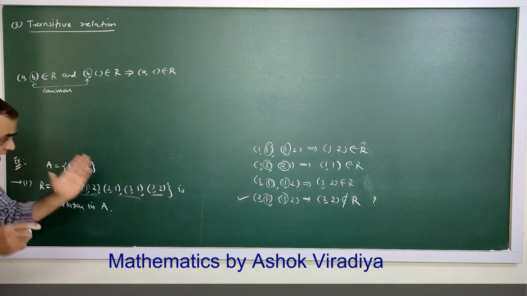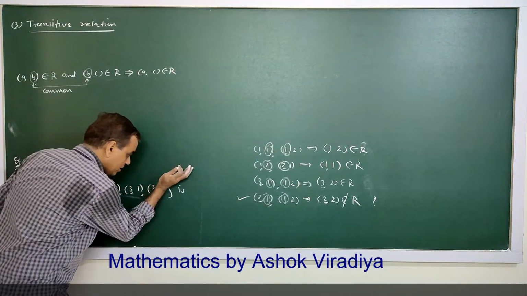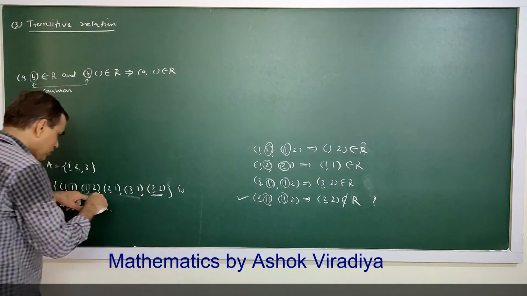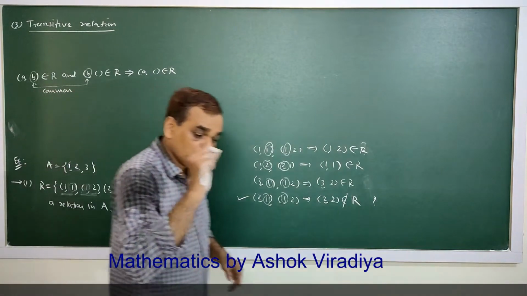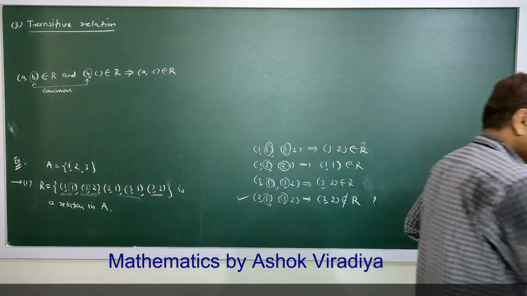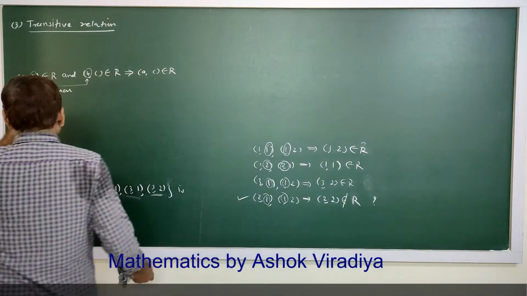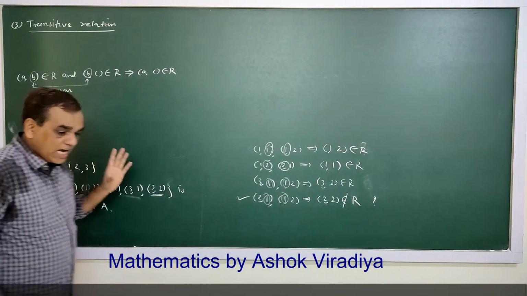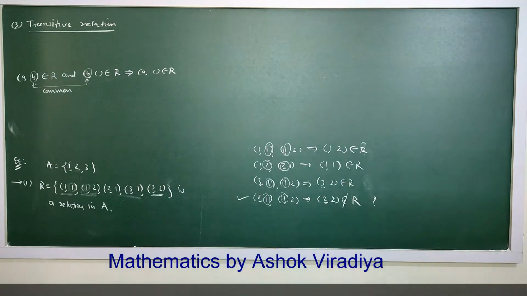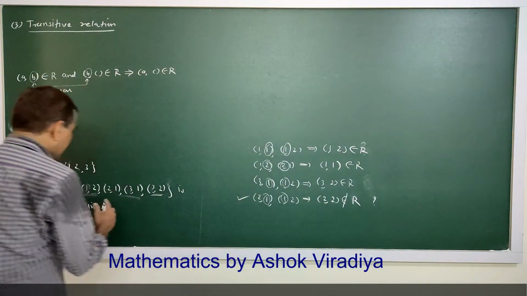But if in this set I include (2, 2), suppose somewhere here I include (2, 2), then it will be a transitive relation. Suppose I am adding here (2, 2), one more element, after (2, 1).